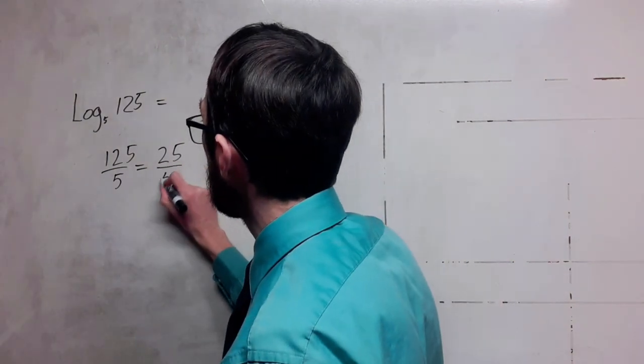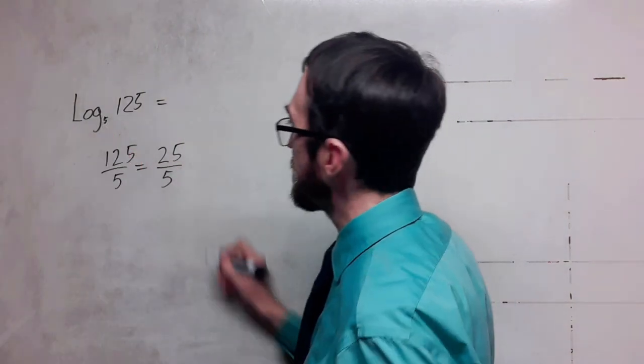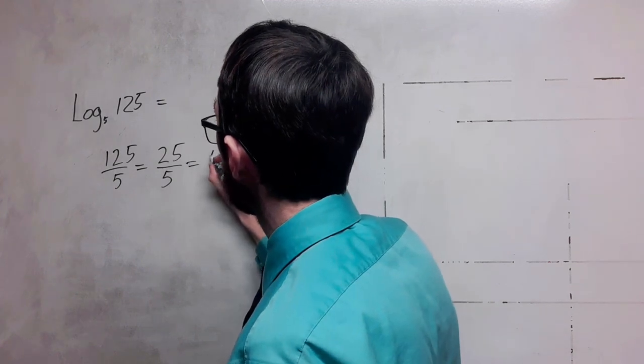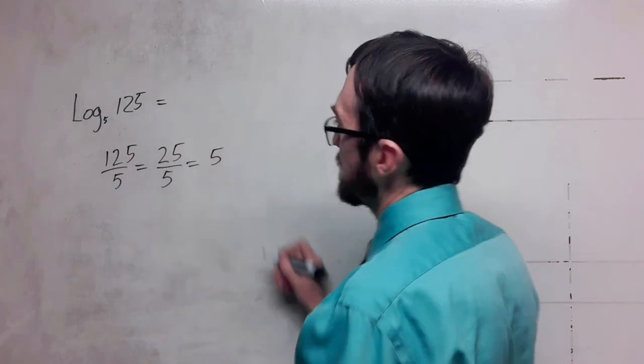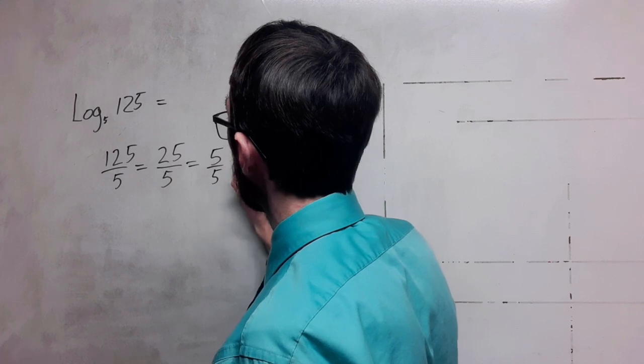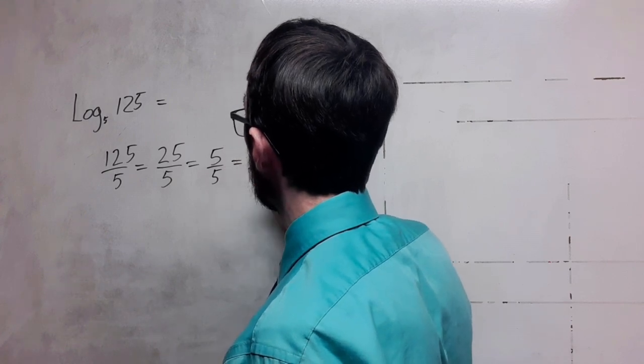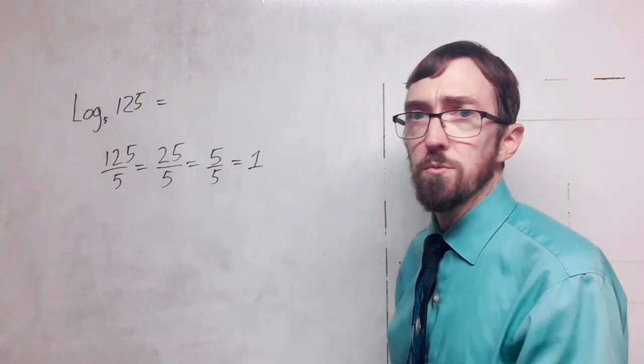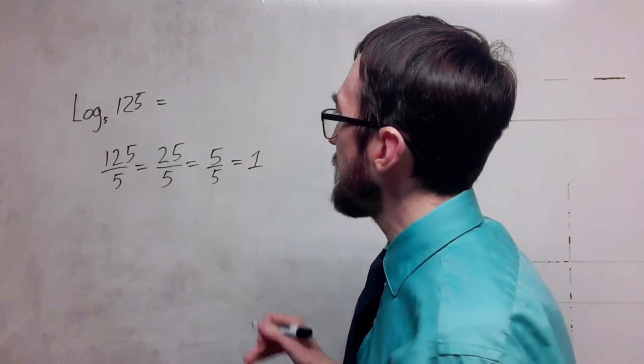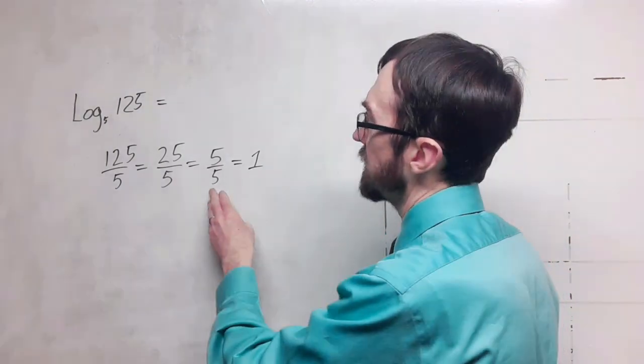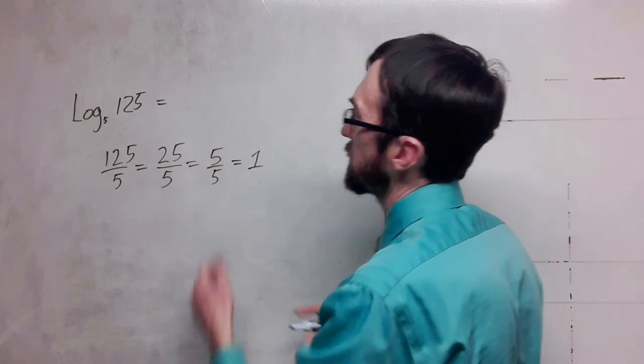I'm going to take that and again divide it by the base. And I'm going to take that number again and divide it by the base. And now I am at 1, and that is where I stop. And I'm going to count up the number of times that I divided by the base, which is 3.